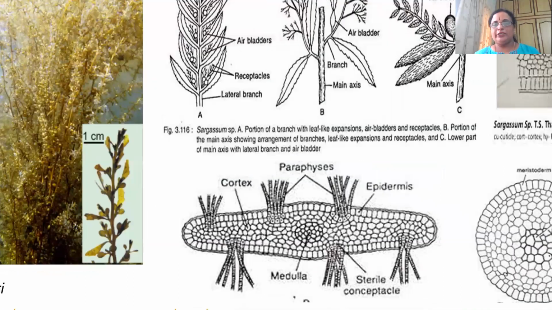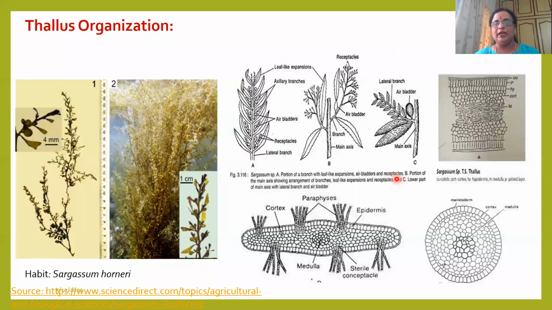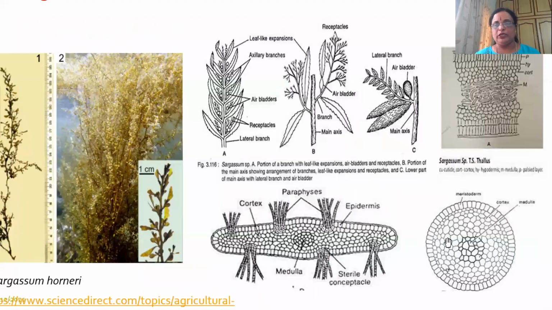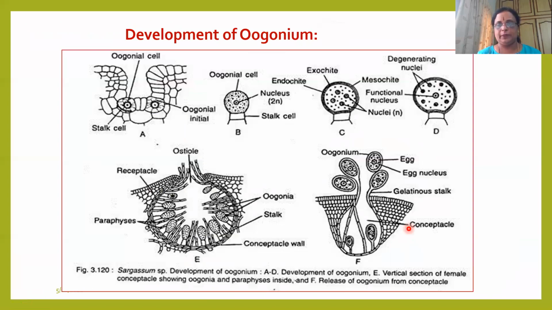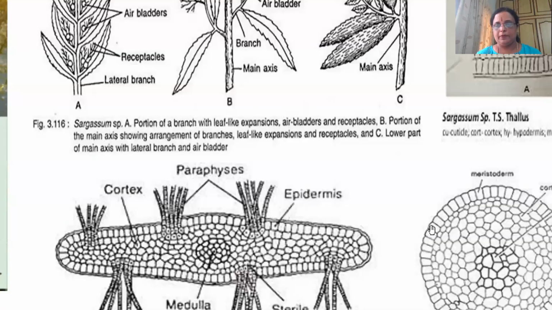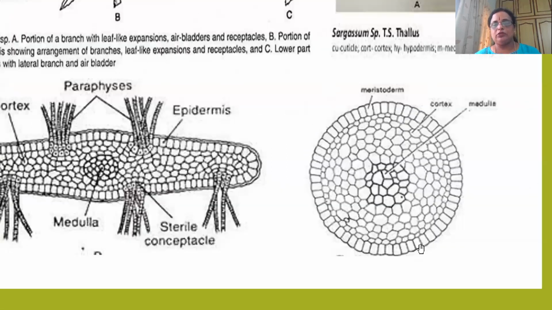And also, if you take a transverse section of a main axis and observe it under the microscope, this is how it looks. So this is how the transverse section of the stem looks. It is made up of the outermost layer called meristoderm, made up of barrel-shaped cells.